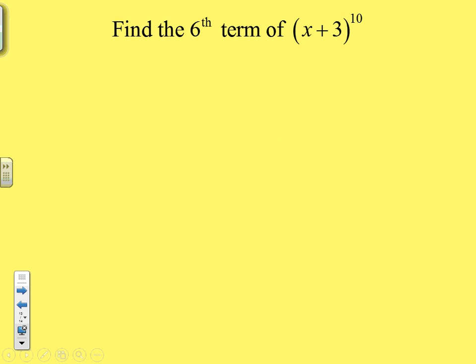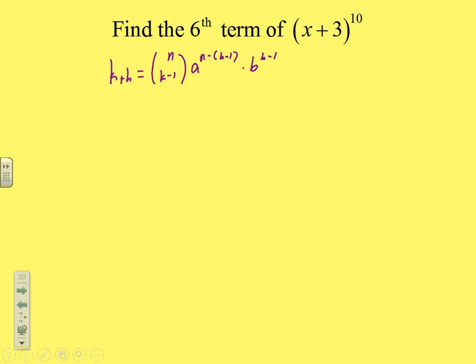So having that down, now we can say, okay, what is the 6th term of x plus 3 to the 10th power? Here I'm going to write it out like this: the kth term is equal to the combination of n choose k minus 1 times a to the n minus (k minus 1) power times b to the k minus 1 power.